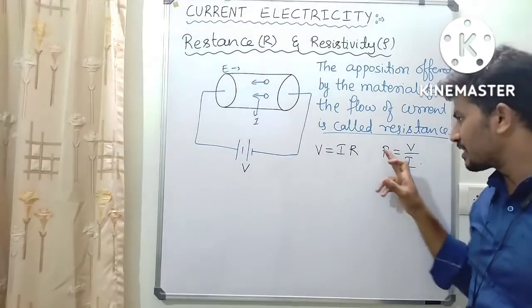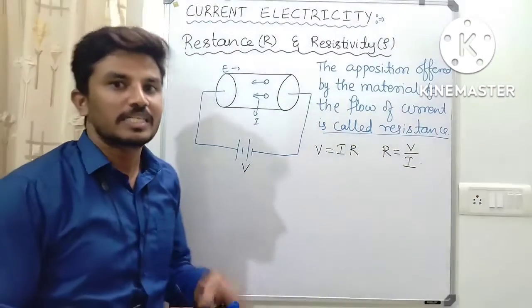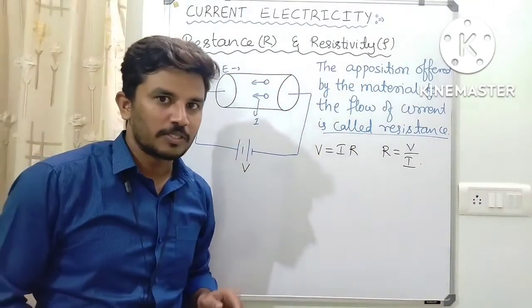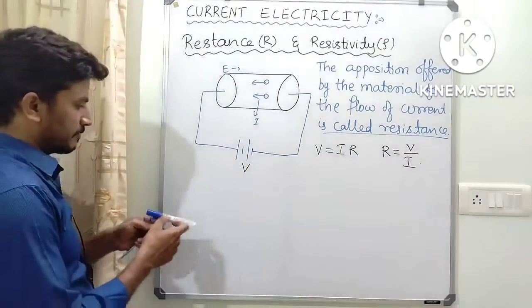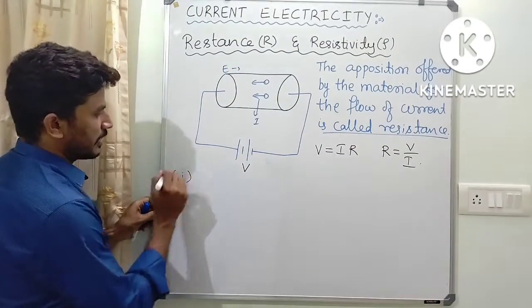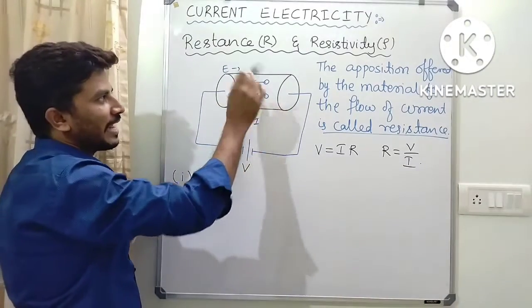Now, does this resistance vary? Yes, of course. It is dependent on temperature and physical quantities. Now let us discuss those two topics. Initially, consider the first point, the dependence on physical quantities like length and area.